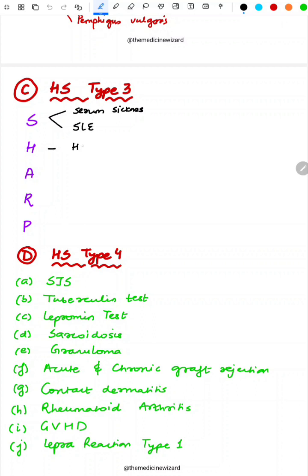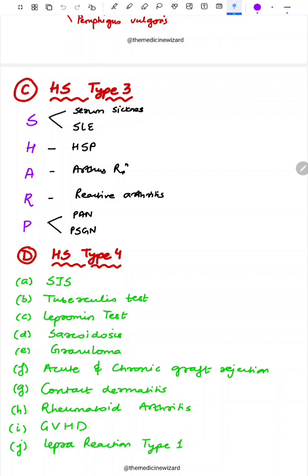H for Henoch-Schonlein purpura. A for Arthus reaction. R for reactive arthritis, and P for polyarteritis nodosa and post-streptococcal glomerulonephritis. Okay, so these are the examples for type 3 hypersensitivity reaction.